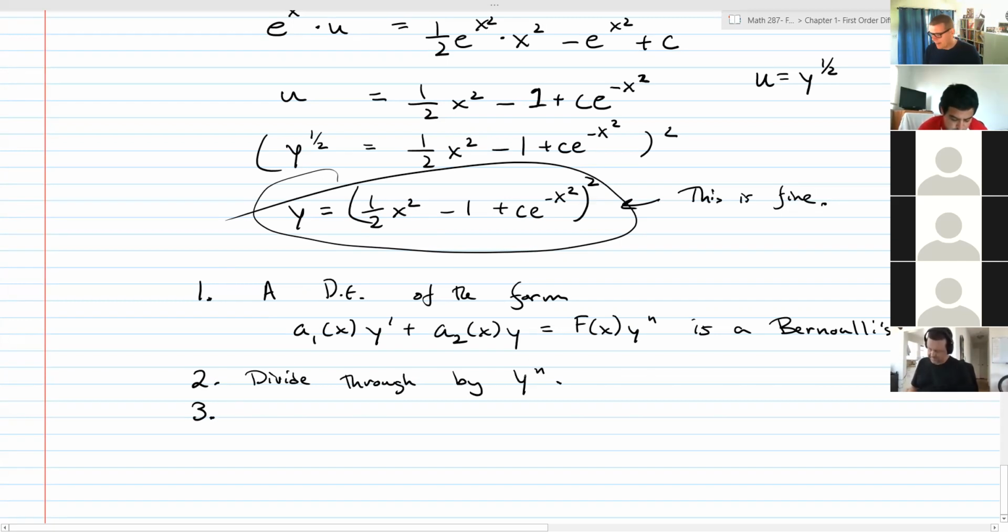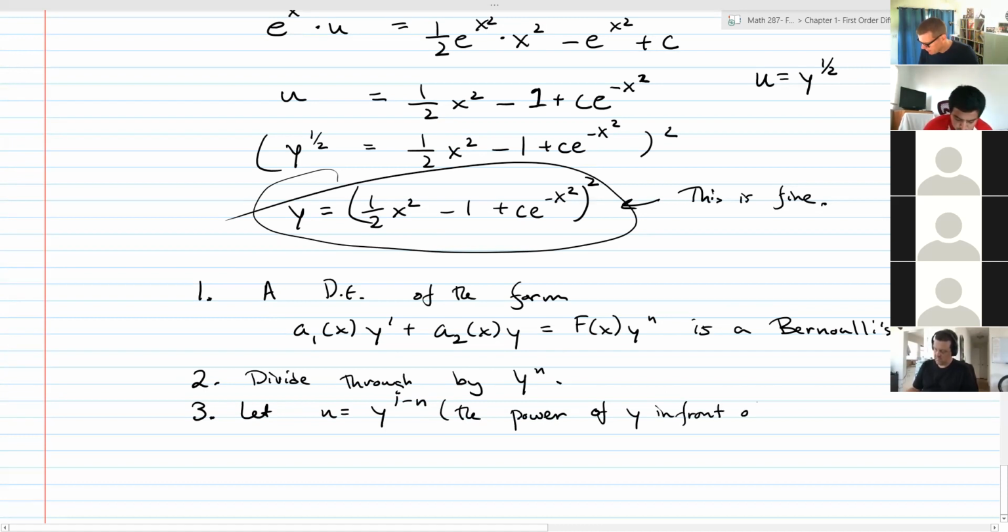And what ends up happening, and you'll see, is we end up with y to the 1 minus n. So we're going to let u equal y to the 1 minus n. It's basically going to end up being the value, the power of y in front of a2, if you think about it that way.